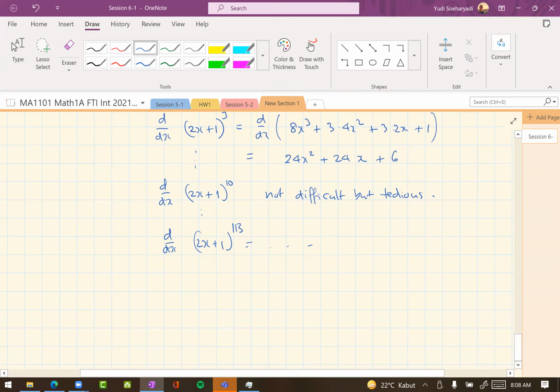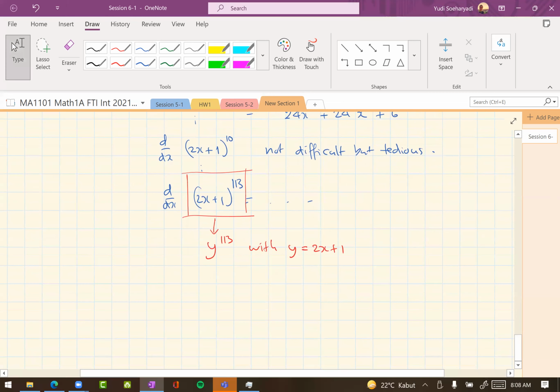All right, so what we would like to do here, for example, if you have something like this, is to write it with y equals 2x plus 1. So this becomes a composition.